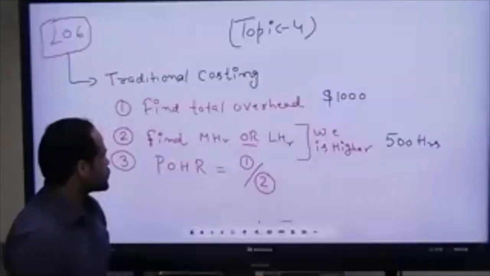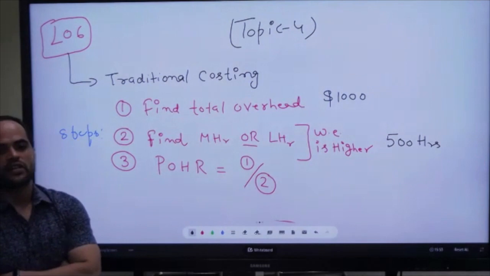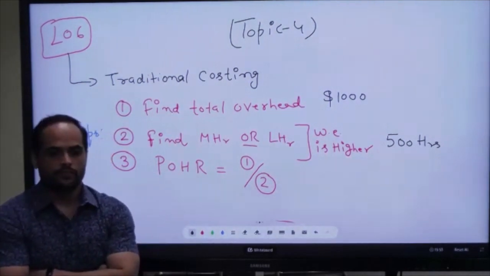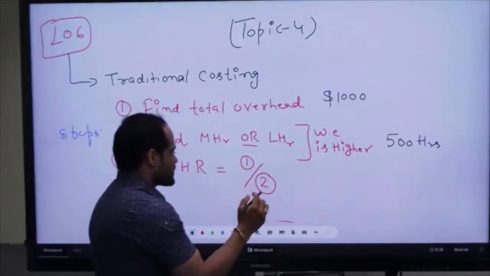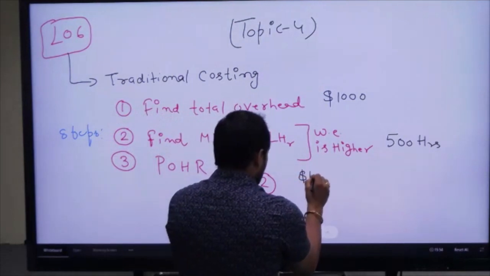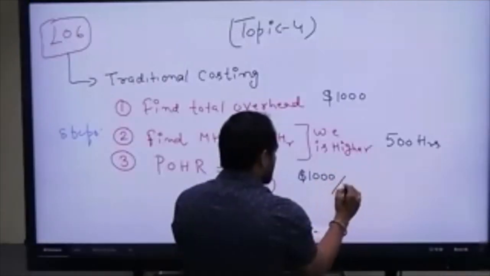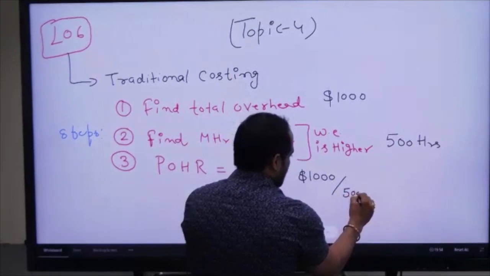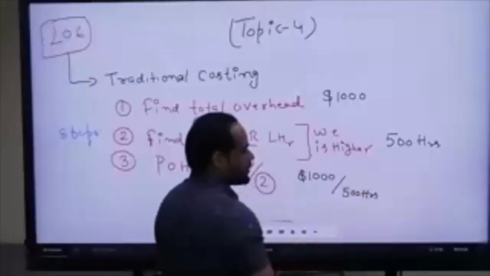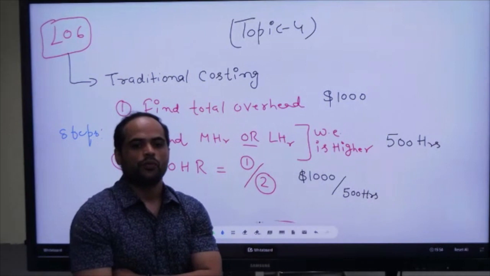So what is the predetermined overhead rate? It will be 1,000, which is step 1, divided by 500 hours, which is step 2.